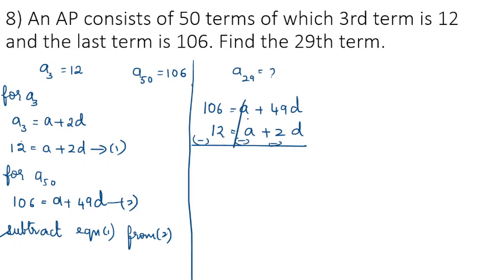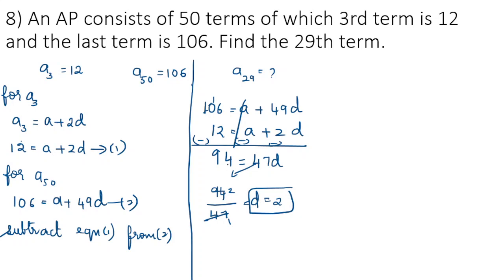Plus A minus A gets cancelled. Here 106 minus 12 is 94, and 49D minus 2D is 47D. Now 47 transfers to this side, so 94 by 47 is equal to D. 47 ones are 47, 47 twos are 94, so D value is 2.